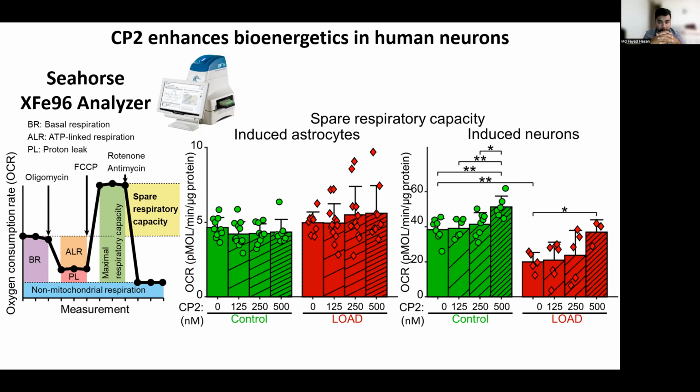If you were running a lot and you are exhausted and sweating, will the mitochondria be able to provide you more energy, or will they not give you energy and you will just collapse? You can see that this property was decreased in Alzheimer's disease neurons and astrocytes. The green one is the healthy control and the red one is the Alzheimer's disease. And here we showed that if we add CP2, this drug, this preparedness increases.